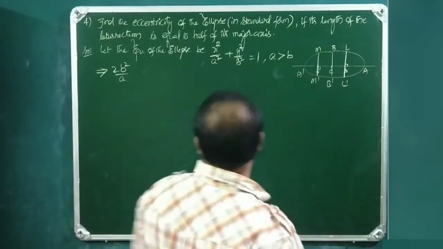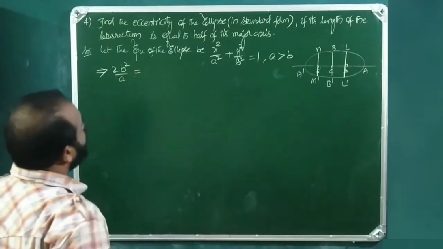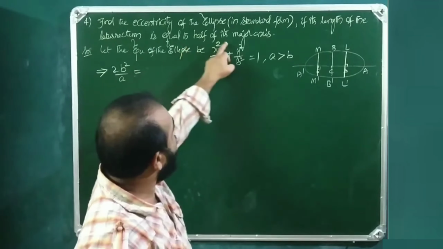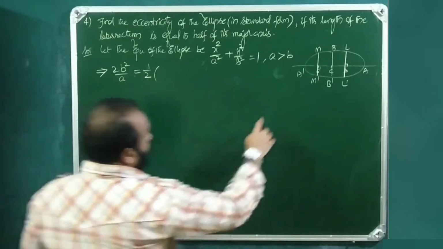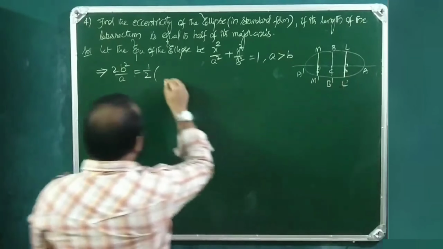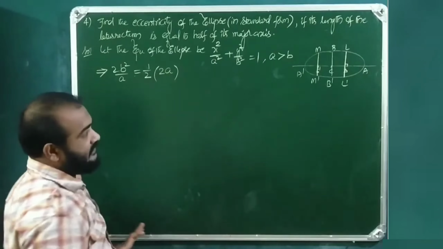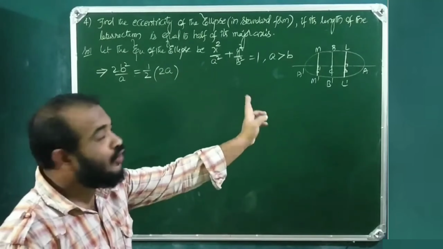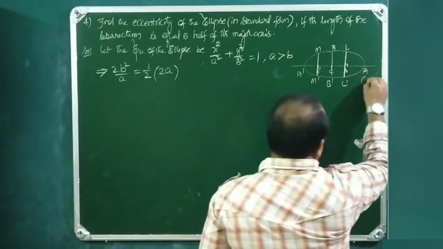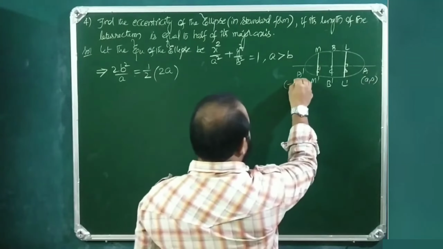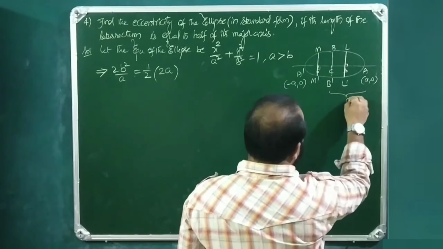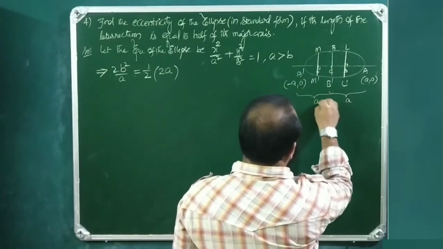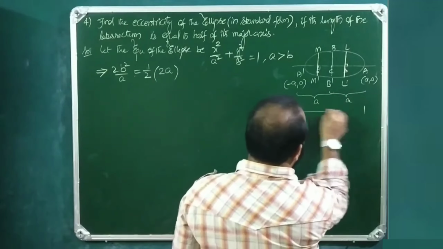So this is 2A, which is half of its major axis. What is A dash? The length of the major axis is 2A, because this is A comma 0, this is minus A comma 0, and this is the origin. So this is A and this is another A, so totally this is 2A.